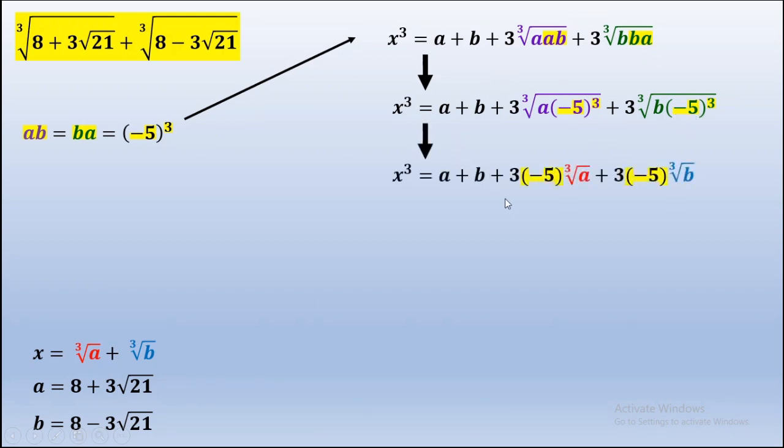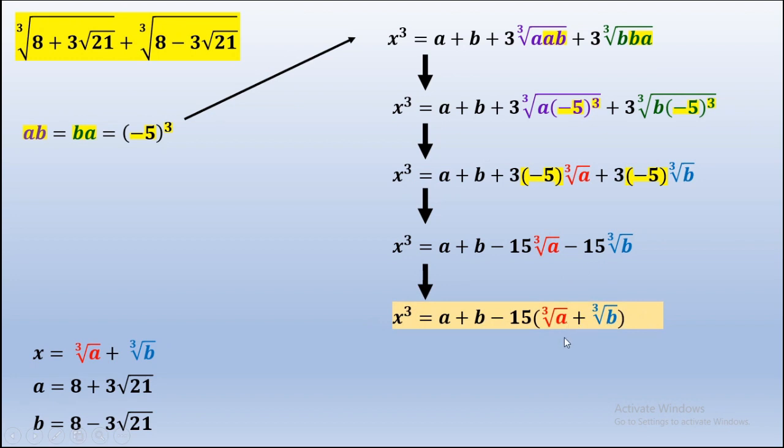On simplifying, this minus 5 whole cube inside a cube root can be brought outside. In this also the same case, so minus 5 is brought outside and inside the cube root it is only a, and inside the other cube root it is only b. Further this 3 into minus 5 becomes minus 15, here also minus 15. This minus 15 can be taken common and inside the bracket we keep these two terms, that is minus 15 is common and cube root of a plus cube root of b.